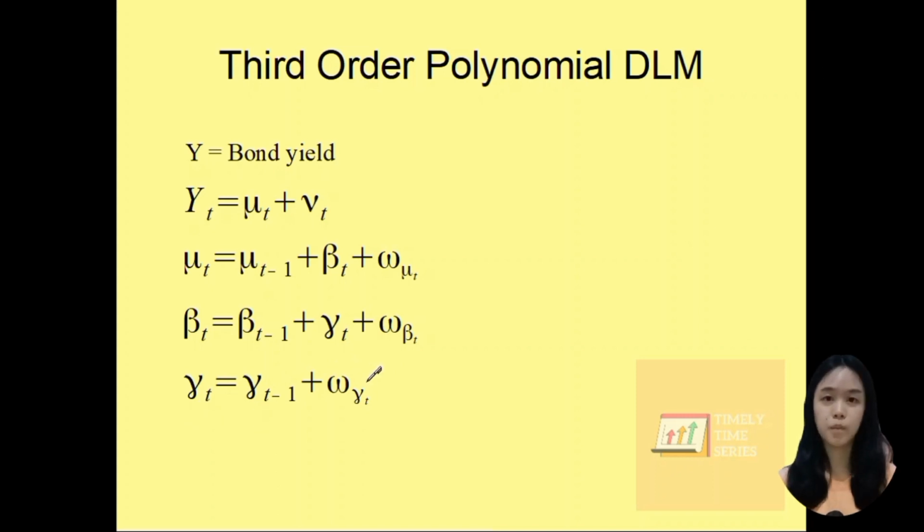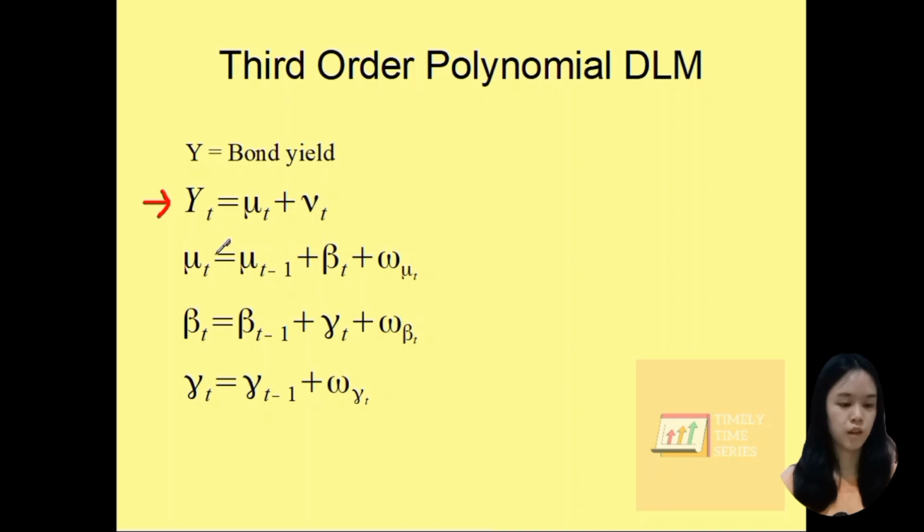Now, DLM looks at a time series in two hierarchies. The first one is the observational, and the second one is the system level. The observational level is what we observe. So it is represented by an observational equation, which is the first equation here.